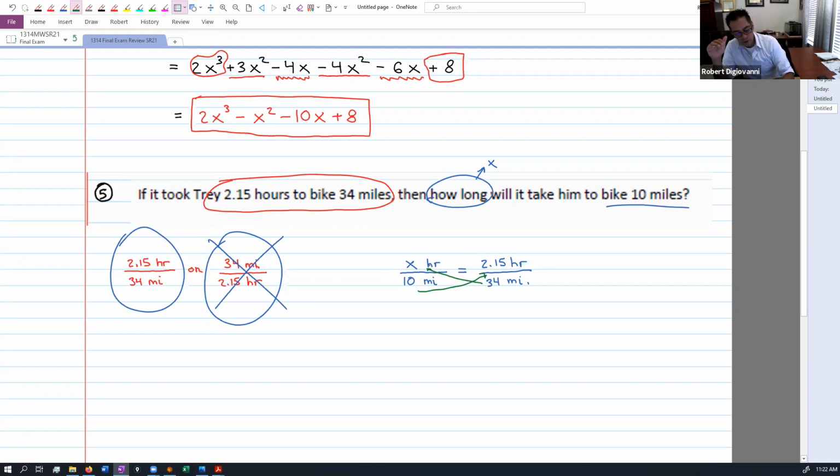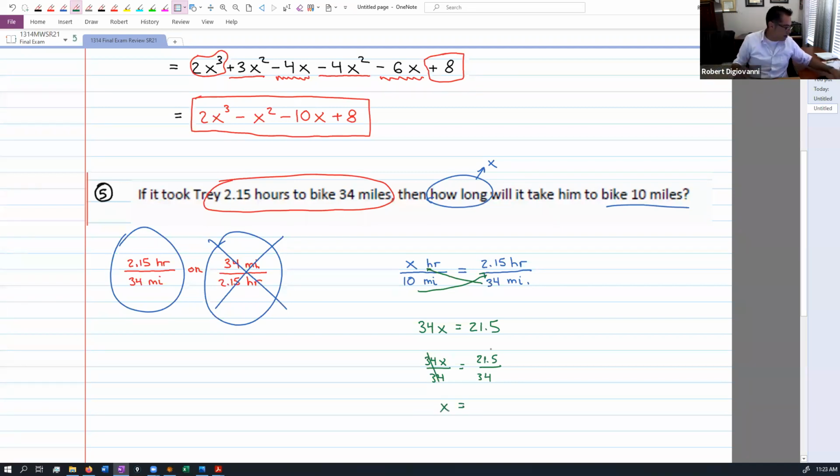So I multiply 34 times x, it gives me 34x. And then I multiply the 10 times 2.15, I get 21.5. And then to solve for x, I divide both sides by 34. So x is equal to 21.5 divided by 34.